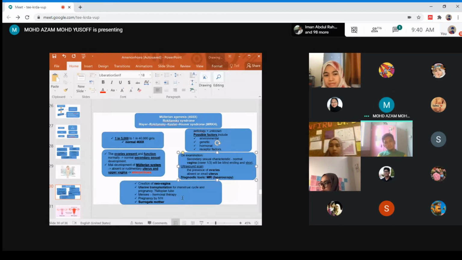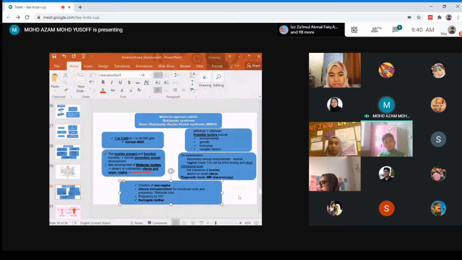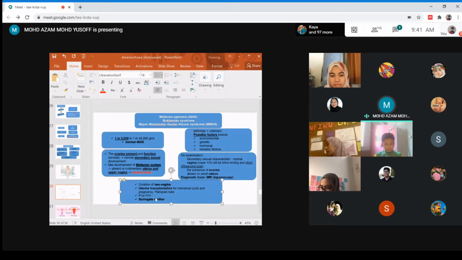All right. So I think this one is not correct because she has a menses. She has a good normal menses, isn't it? And a normal hypothalamic pituitary axis. And for pregnancy, I think it's not pregnancy. I think the best word is conception.